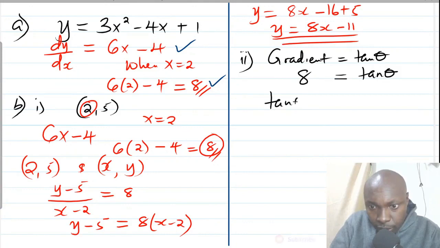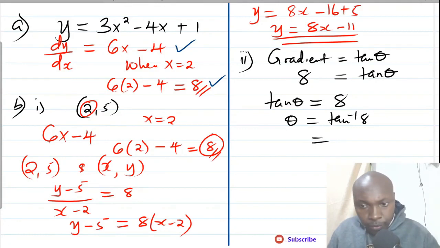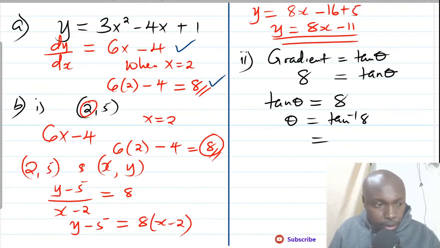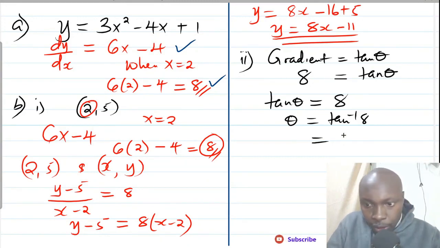So tan theta is equal to the gradient, which is 8. We take the tan inverse of both sides, so you get the tan inverse of 8, and this will give 82.87 degrees.